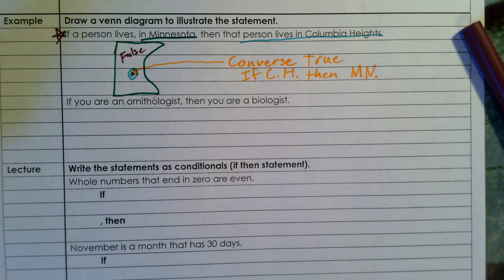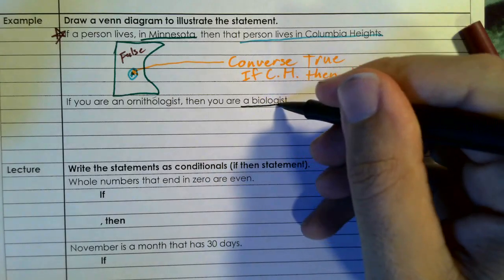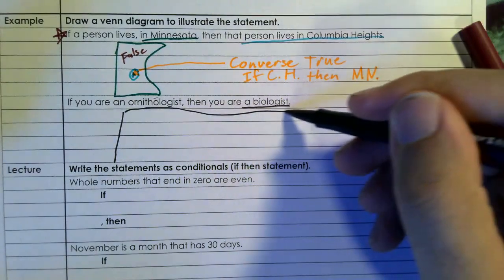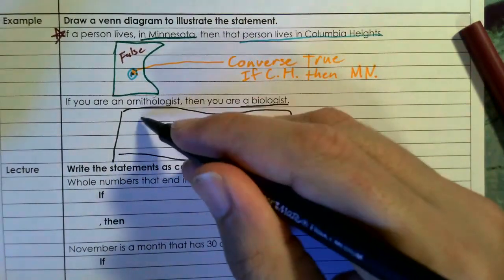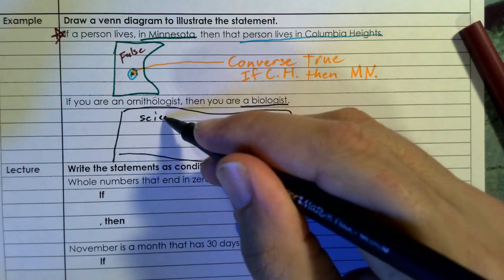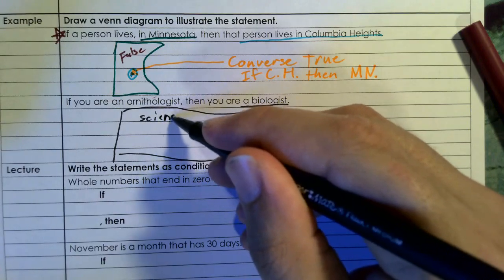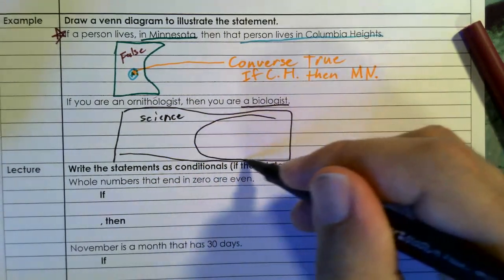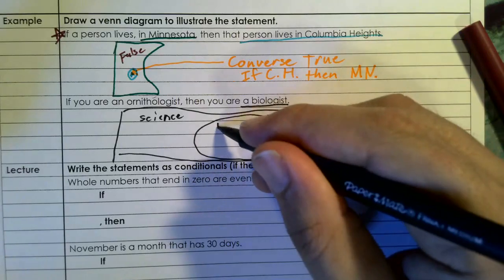You can do other ones. Like this idea of a biologist, it's a big idea of science. So here I'm going to make a big old box for science. But inside of science, there's another little bubble of biologists.